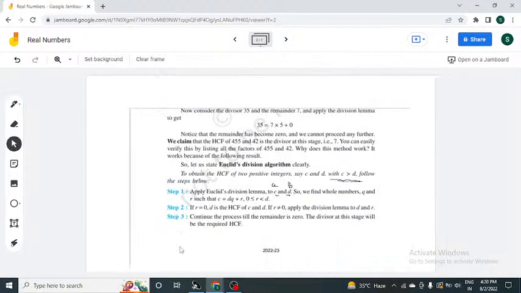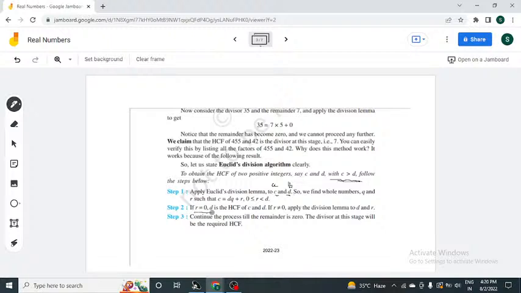Step 2 says if R equals 0, then D is the HCF of C and D. Again, because we are talking in terms of A and B, if R equals 0, B would be the HCF. So if the remainder is 0, then the divisor is the HCF, but the condition is that R has to be 0.